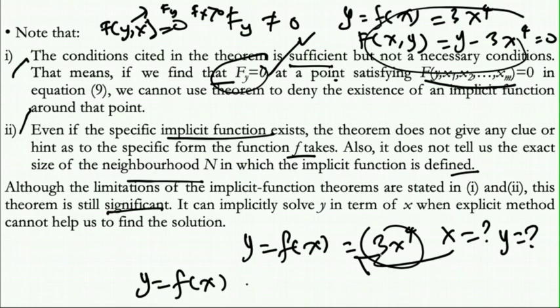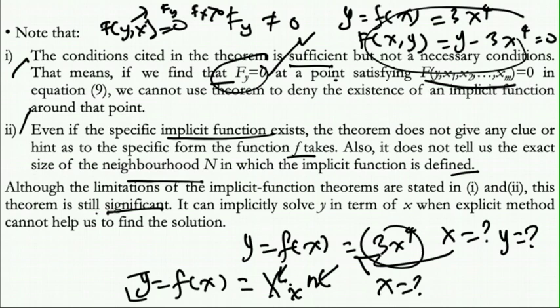Or if it is given like this, capital X, small x to the power of n, then you need to know the condition of this. And also the question asks you what is x, for instance. So sometimes you cannot find it directly from an explicit function.